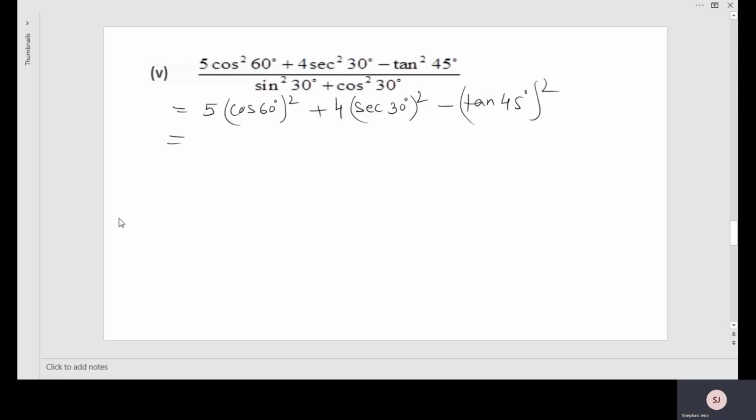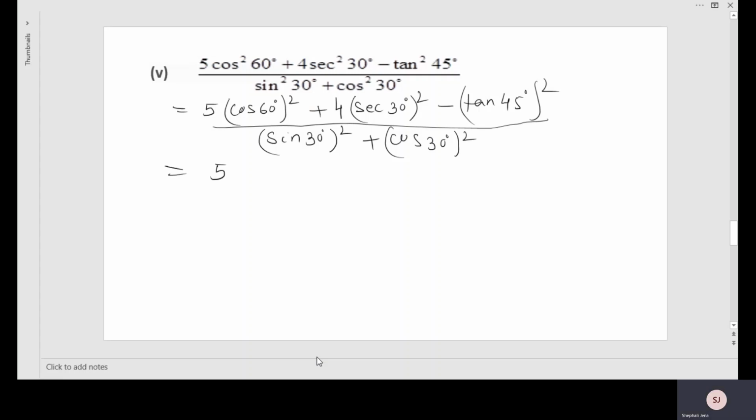Now you should substitute. The denominator is also given: sin 30 whole square plus cos 30 whole square.